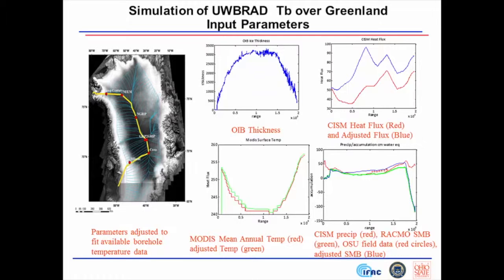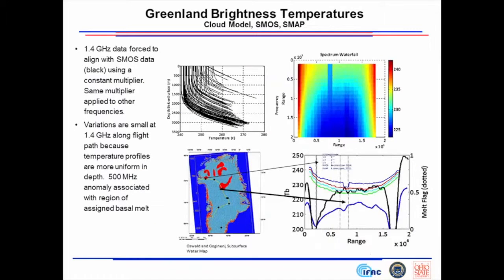So putting all those parameters together, we then can try and simulate what we think the instrument is going to see using a variety of models. Again, we have a whole team comparing different models, incoherent, coherent models, more simple models, and so on. Putting all those together over Greenland, we show here a simulation of the brightness temperature as a function of frequency and range as we fly over this path.